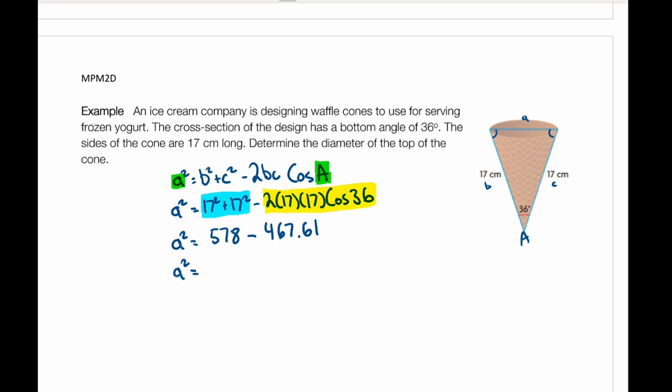In this case, again, we do not. 110.39. Again, I have to take the square root of that number to get the a value. And I get a final measurement of 10.5.